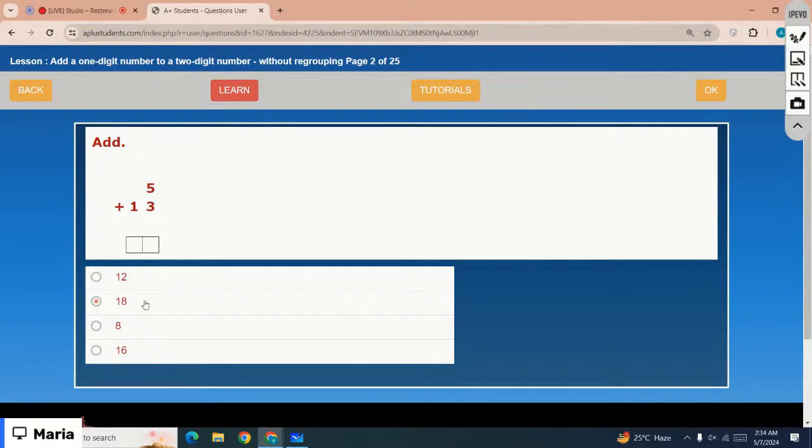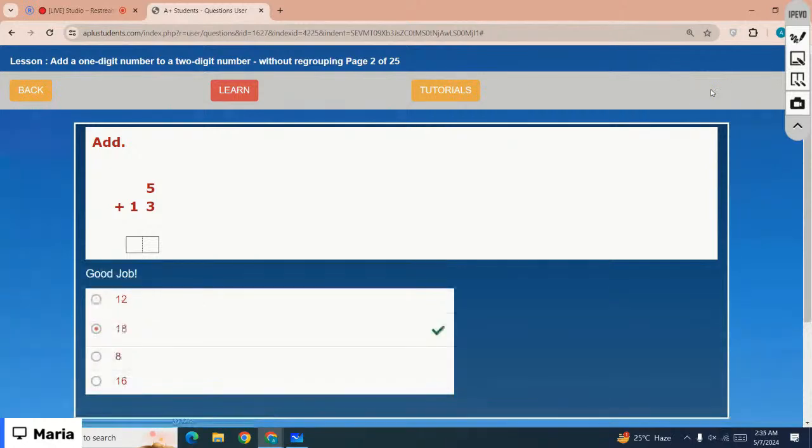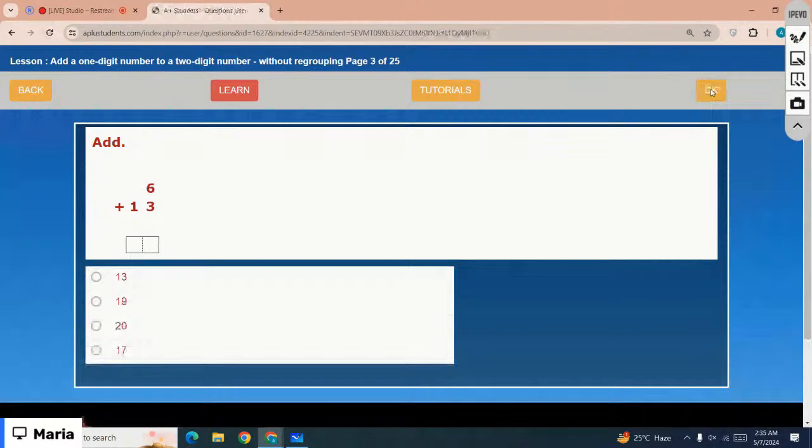Option number 2 is the correct option. Okay, the next one is 13 plus 6, so which is the correct option?